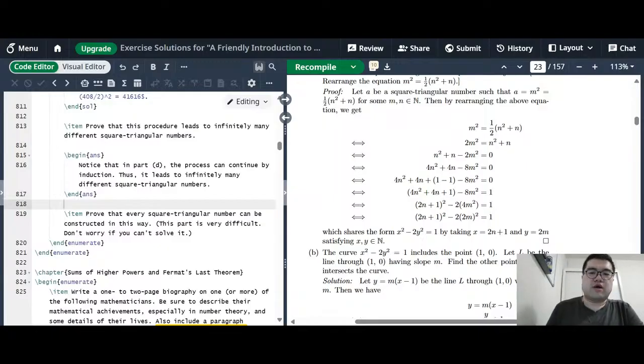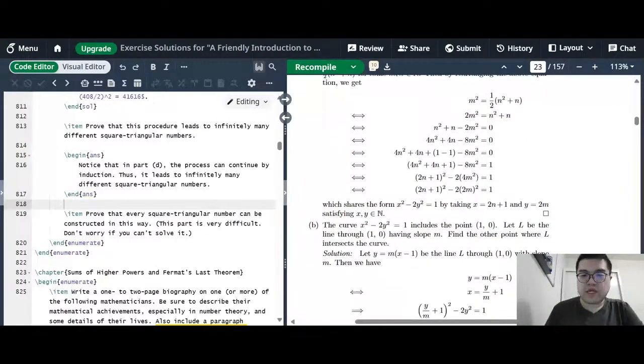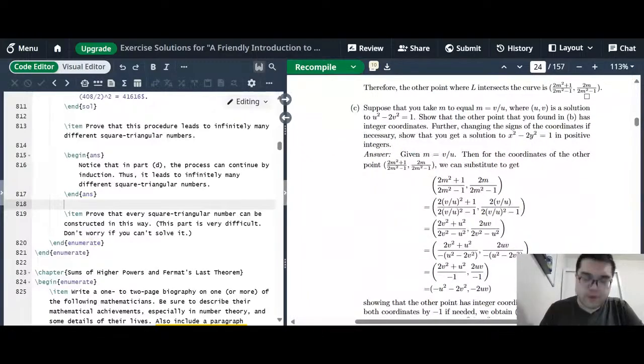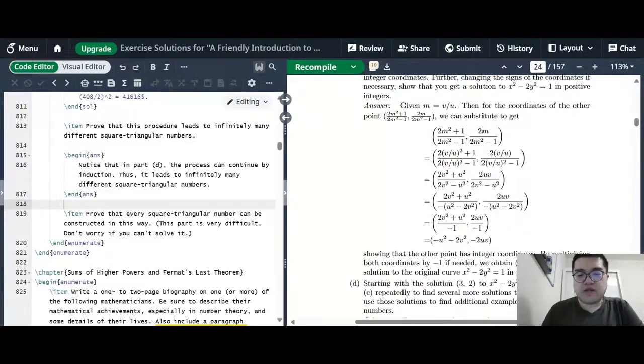If we trace back all the way to part C, we see that we're guaranteed to have a positive integer solution based on this setup here.